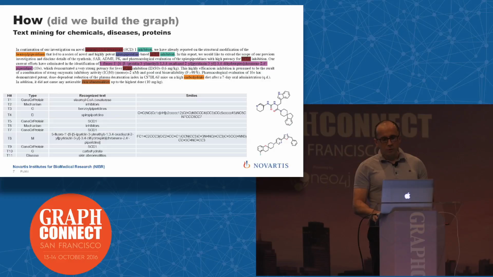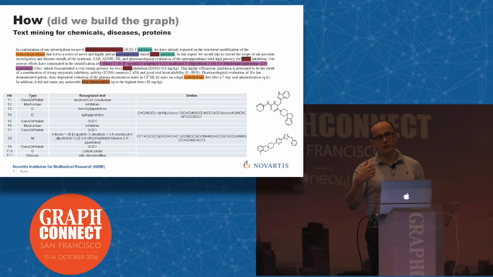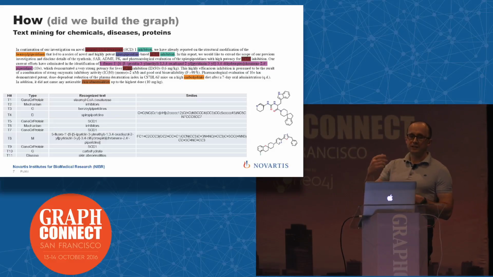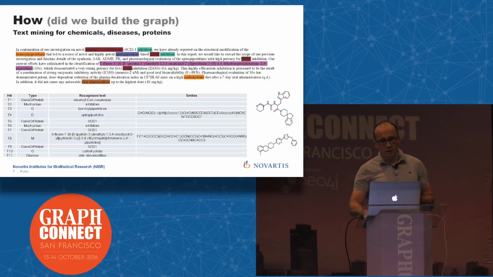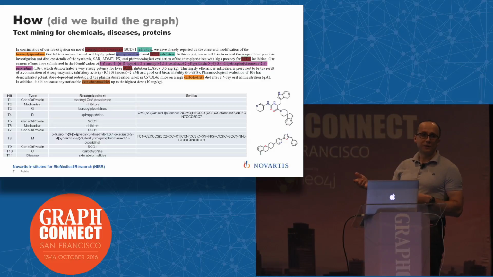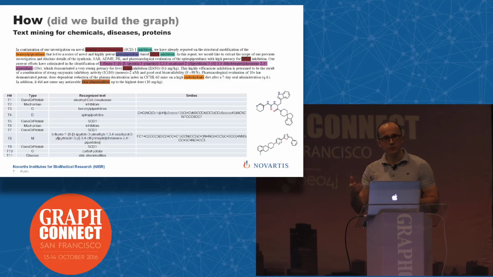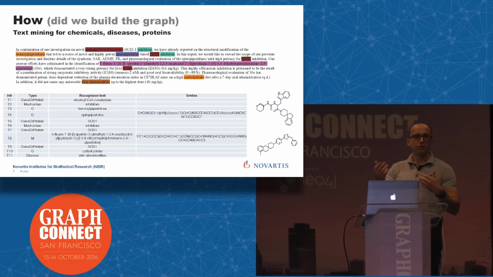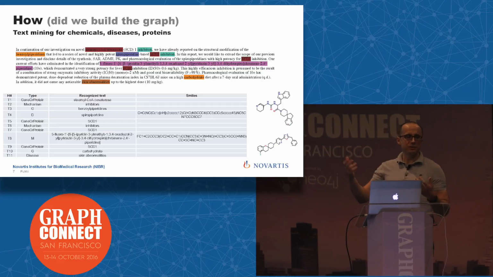Some of these tools cheat a little bit in that they tell you only this is a compound, but they don't tell you what this compound is. So one of the things we have been working on is to identify exactly what the compound or gene really is, and we then re-engineer the chemical structure from what we're identifying in the text. We also try to identify relationships between the entities in the text and come up with statements like, the compound inhibits this target, and so on.